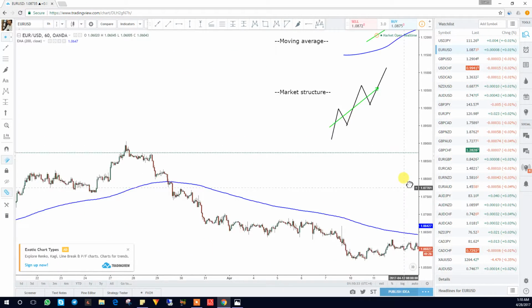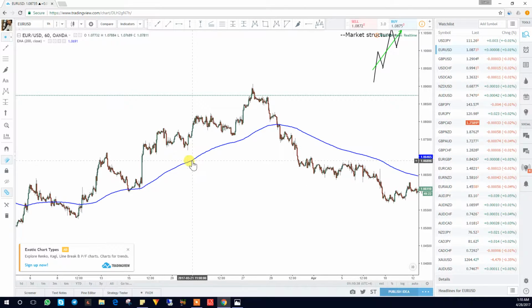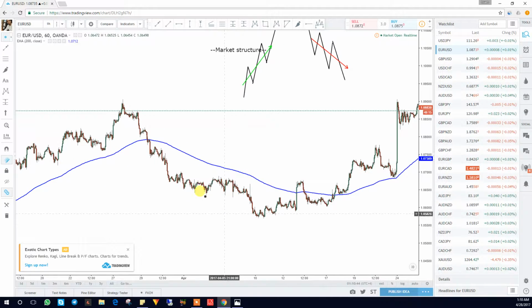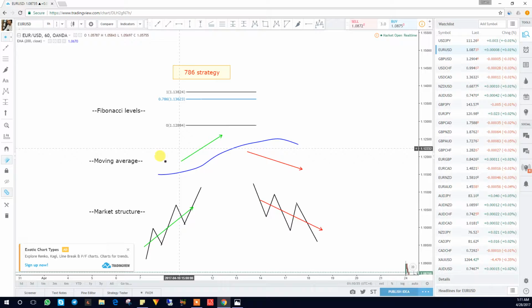I will show you an example. For example, here, the price is above the line, so the price is going up, and that's what the market does in reality. The same thing here, the price is below the moving average, the blue line, so we say that the price is going down. That's how we're gonna use this moving average.